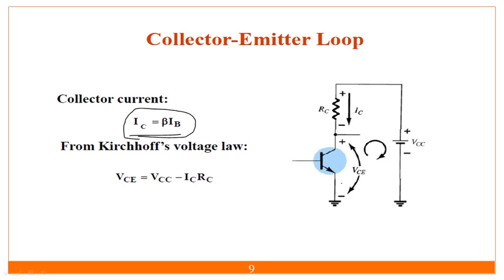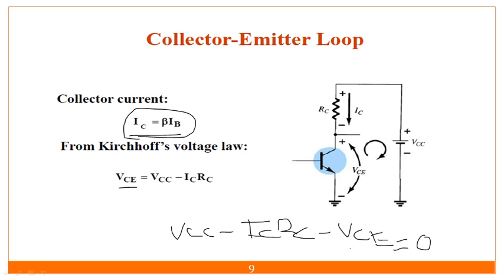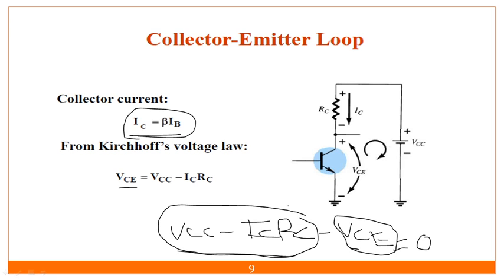If I apply KVL on the output side, VCC minus IC RC minus VCE is equal to 0. From this, the value of VCE is VCC minus IC RC. So this is the thing, and we have to solve the problem based on this.